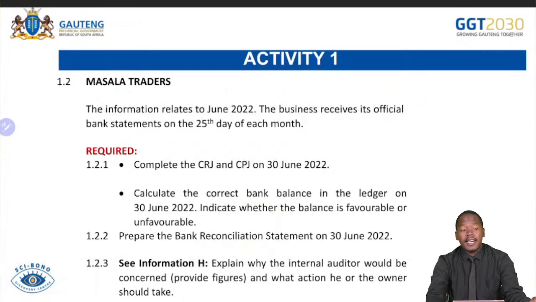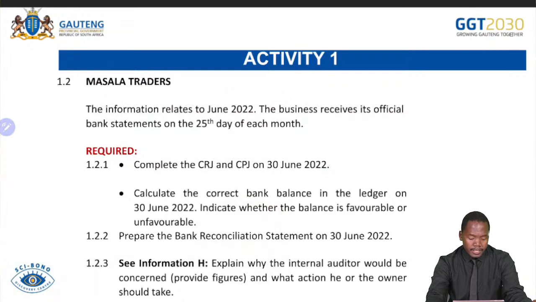And then after calculating that, we need to indicate whether the balance is favorable or unfavorable. Now, grade 12s, remember, bank favorable is a debit side, bank unfavorable is a credit side. 1.2.2, we are required to prepare the bank reconciliation statement on 30 June 2022.